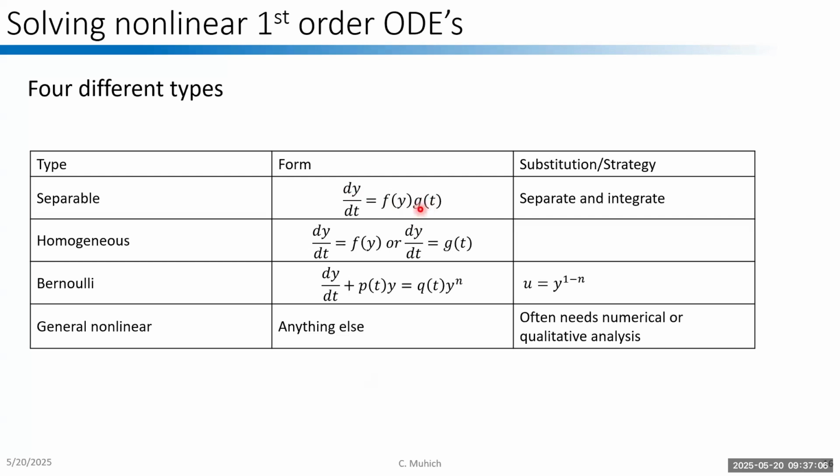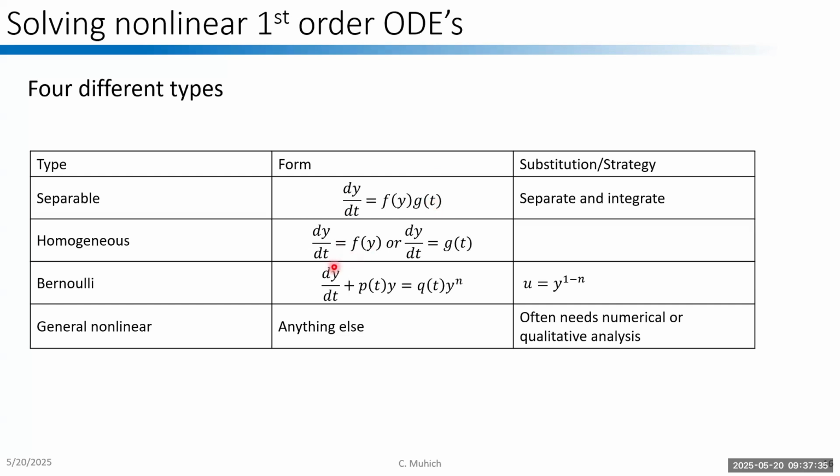These can be nonlinear, but they have to be multiplied together, and you have to be able to separate them, right? So we can take y, move it over here, dt, move it over here, and then I have everything on either the left or the right-hand side. All my y terms end up on the left, all my t terms end up on the right, and so then I just use a separate and integrate strategy.